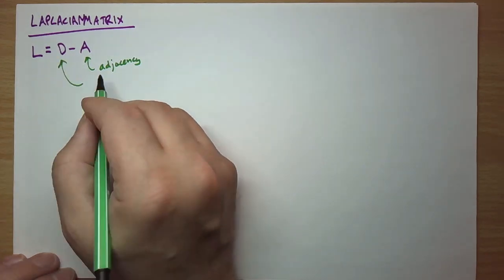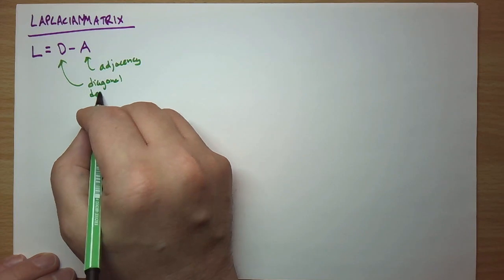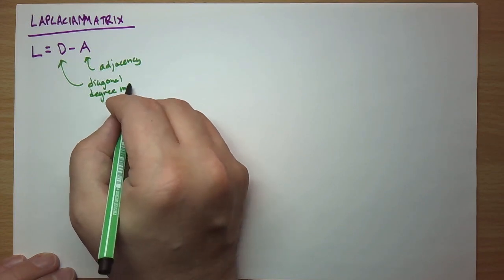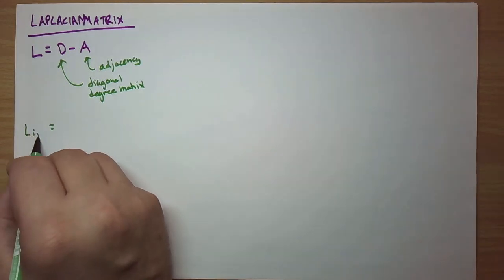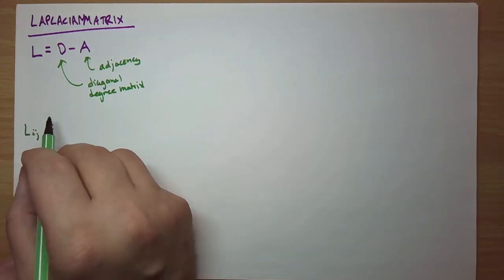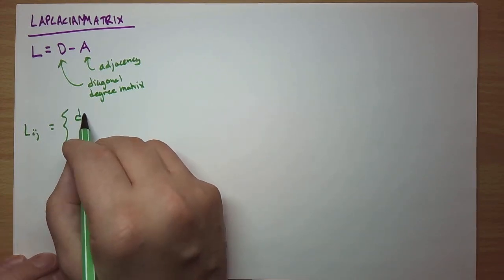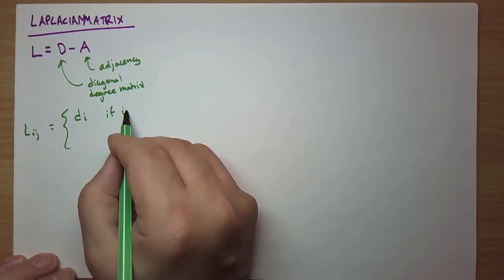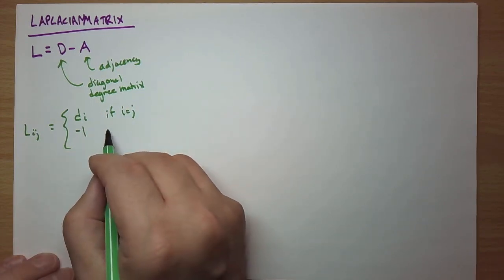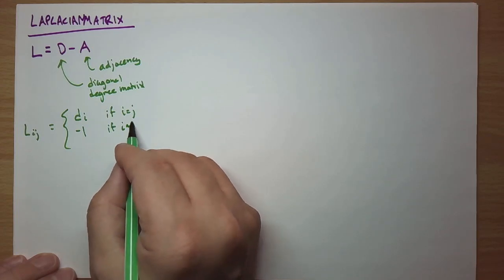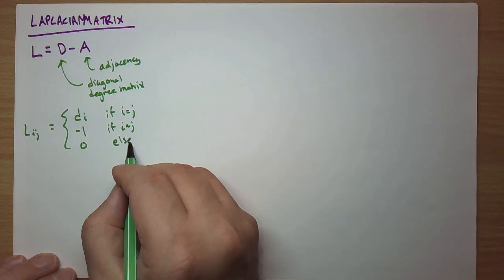What is D? This is the diagonal degree matrix. So, in particular, L_ij, or L_uv, whatever you want to call it, is the degree of i if i equals j, so the diagonal is the degree. It's minus 1 if i is adjacent to j, and it's 0 else.